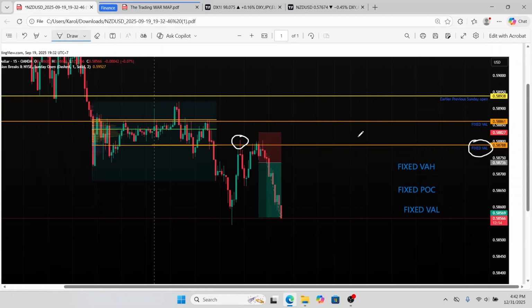So you can see this fixed value area low is from here, and the other one I will explain after, and how I actually love to use these fixed value area low under the right circumstances.